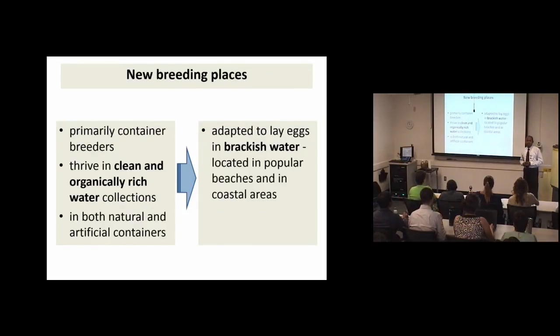There are also changes in the breeding habits. Usually the Aedes vector breeds in clean, organically rich water collections, artificial or natural, but they have adapted to lay eggs in brackish water. Being an island with a long coastline, our risk is still pretty high.